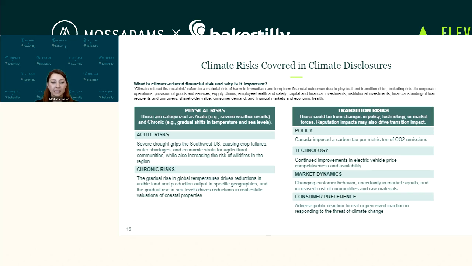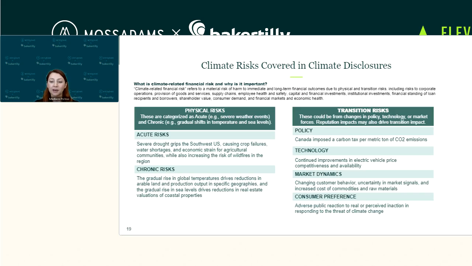Overall, you can think of these physical risks as direct impacts of climate change that fall into acute or chronic risks. And then on the right-hand side here, we have transition risks. You can think of transition risks as a societal shift towards a low-carbon economy. This can include policy, technology, market dynamics, and consumer preference.